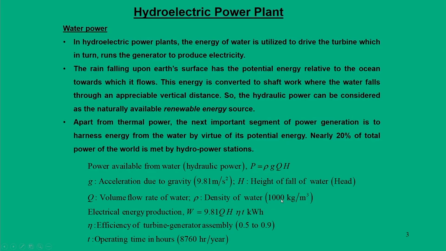Another positive side of water is that it has a density of 1000 kg per meter cube, and if a large slug of mass is available at a certain height, then electricity production will be a huge number if the turbine runs throughout the year. So, this is the very basic theme of a hydroelectric power plant.